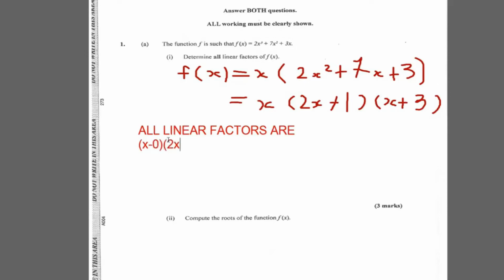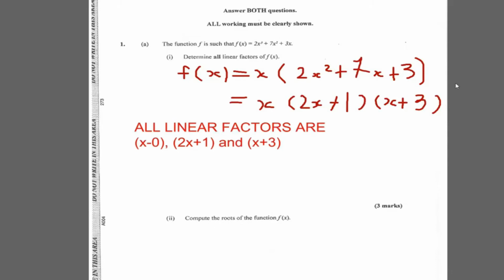Another linear factor is 2x plus 1. And another linear factor is x plus 3. So those are the 3 linear factors. Nice and easy. You don't need to do anything special for that question.